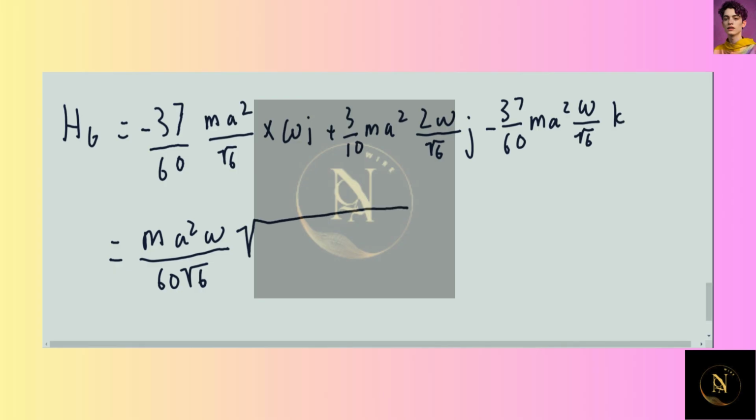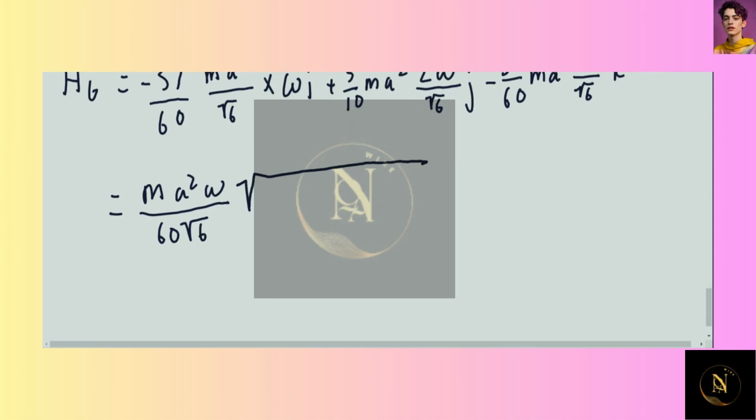And since we want to find the magnitude of this angular momentum, we write it as 37 squared plus 36 squared plus 37 squared, all under the square root.